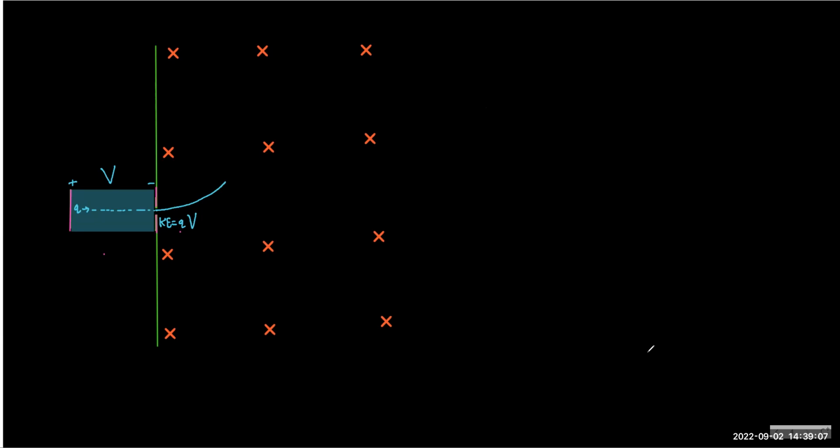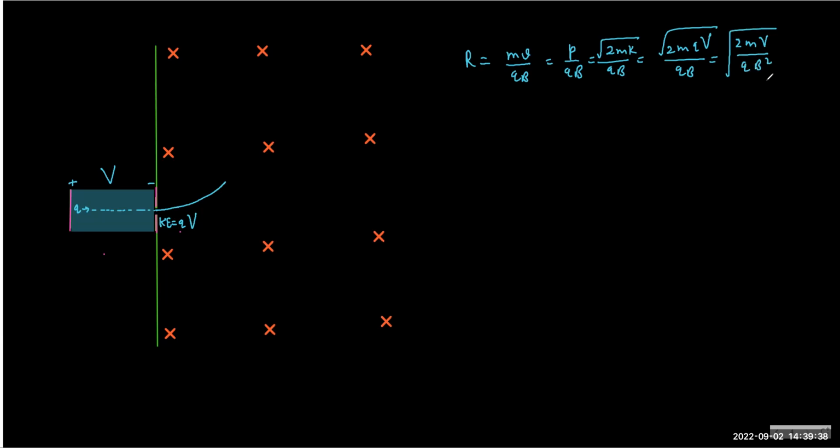So the radius can be written in multiple ways. One is mv by qB, p by qB, root 2mK by qB, root 2mqV by qB, which you can rewrite as root of 2mV by qB squared, if you take the root for the entire thing.